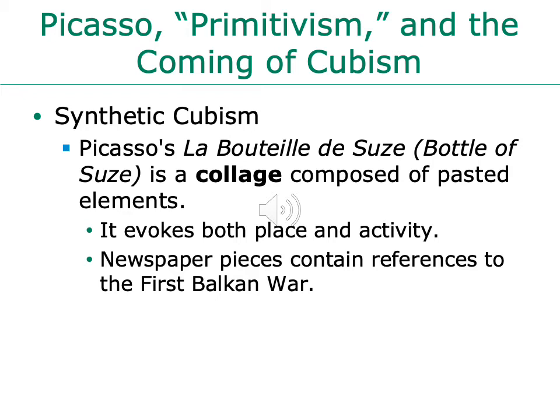So the image is deconstructed in analytic and reconstructed in synthetic cubism. What are the actual materials used in this reconstruction? Collage. Braque and Picasso are both working with collage, often newspaper at this point. They're adding three-dimensional elements as well, pieces of rope, sometimes around the image, creating a frame.